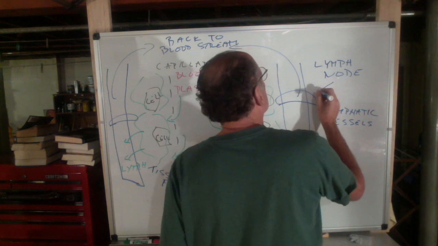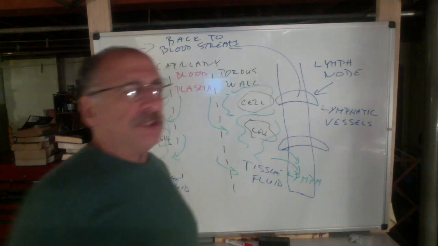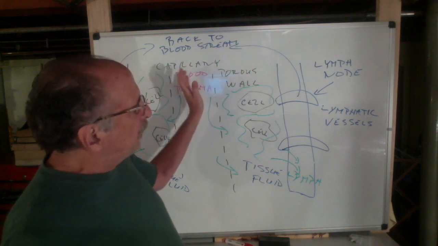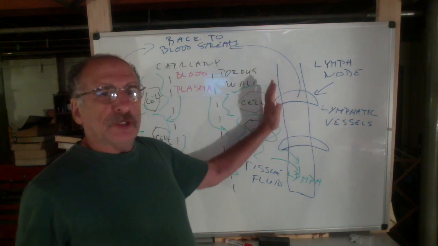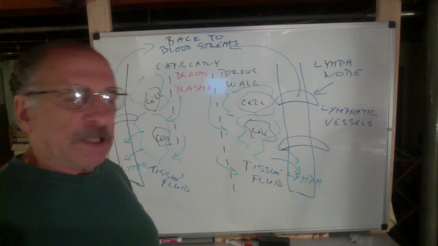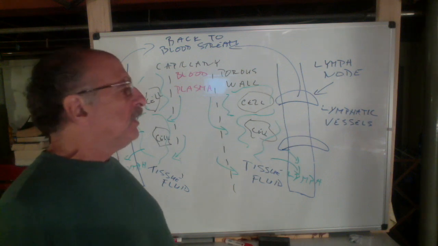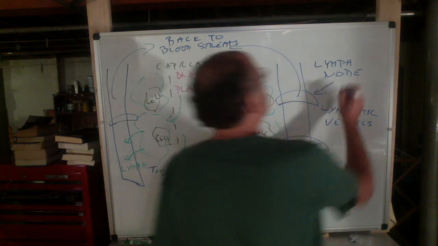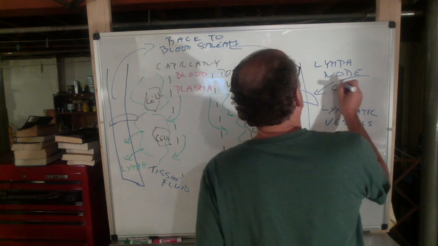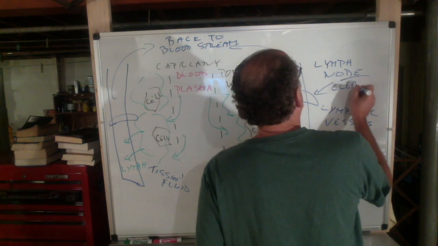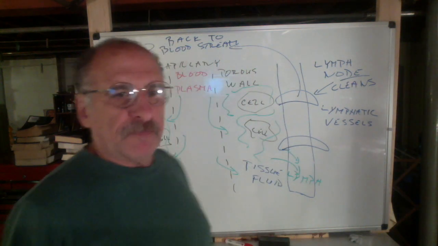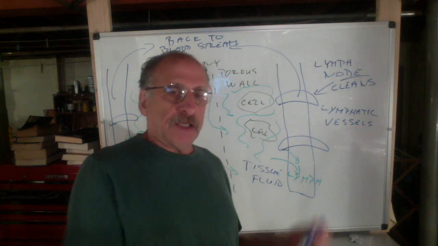So as the lymph is flowing through the lymphatic vessels back to the bloodstream, it goes through the lymph nodes, and there's special tissue in the lymph nodes, and there are certain types of cells. I'm not going to get into the detail, but the lymph node cleans up the lymph as the lymph is going back to the blood.